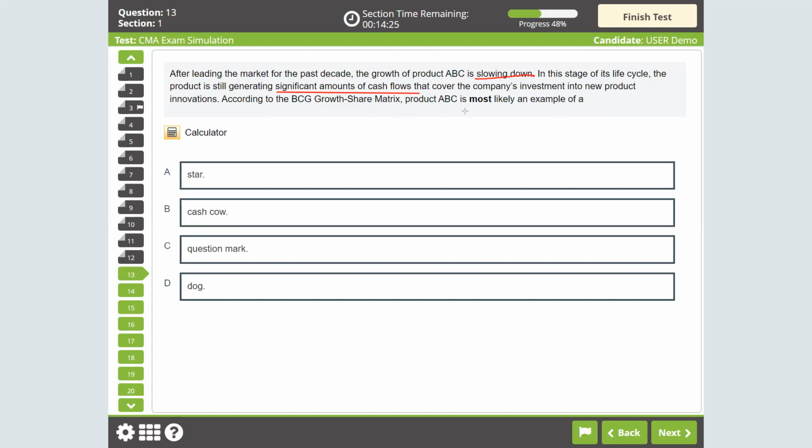According to the BCG growth share matrix, product ABC is most likely. I know what the answer is from just looking at these two clues.